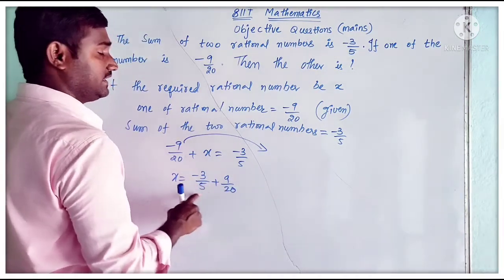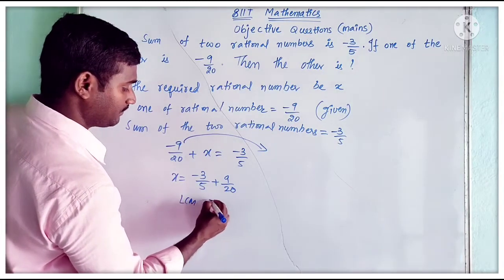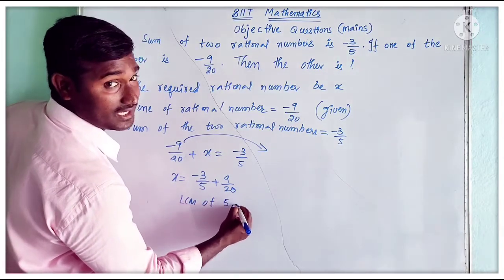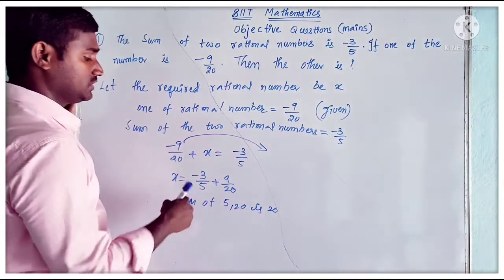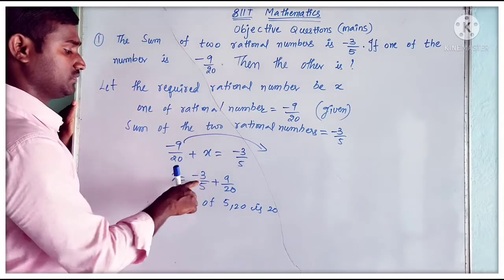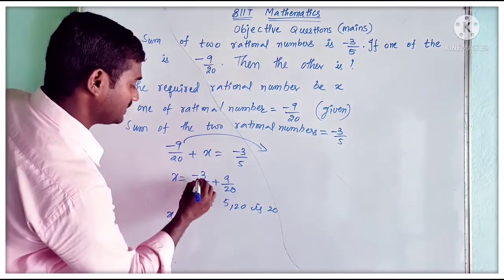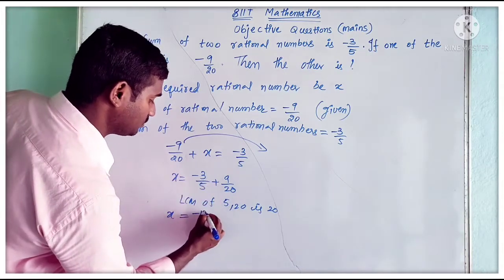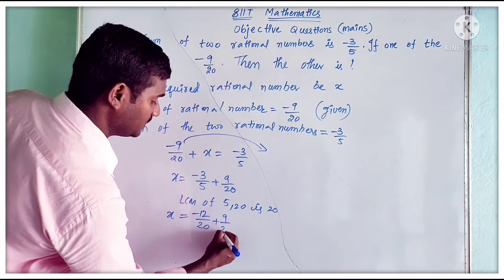Here we have different denominators. LCM of 5 comma 20 is 20 only. To get 20, 5 into 4, so 3 4s are 12. So x equal to minus 3 into 4, minus 12 by 20 plus 9 by 20.